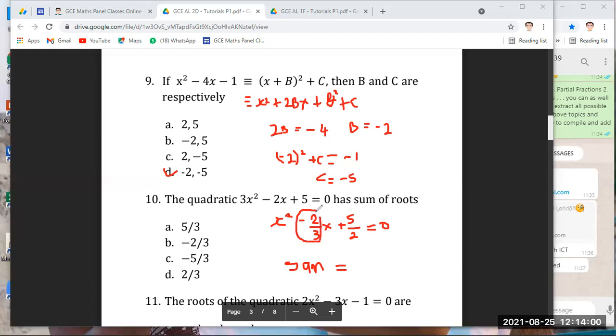So it will be negative of -2 on 3. And this gives us 2 on 3.